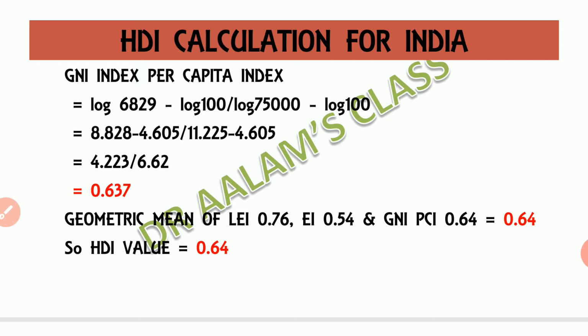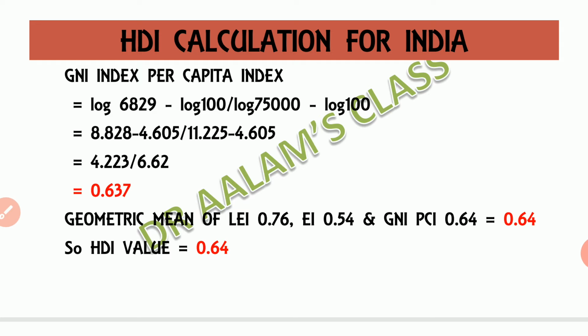In other words, a low achievement in one dimension is not linearly compensated for by a higher achievement in other dimension. It also means that 1% of decline in the index of, say, life expectancy has the same impact on the HDI as a 1% decline in either education or income index. That's why we use geometric mean.